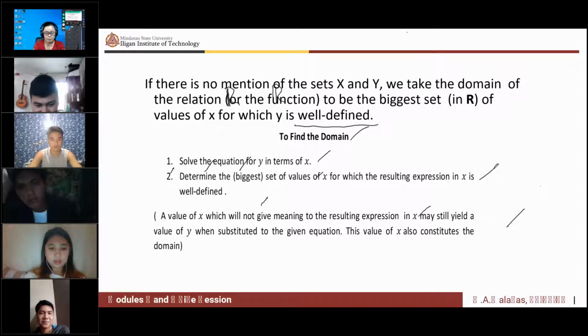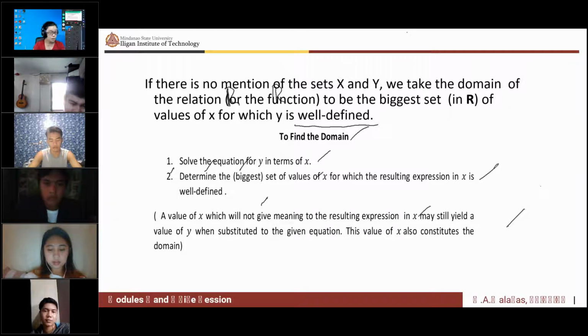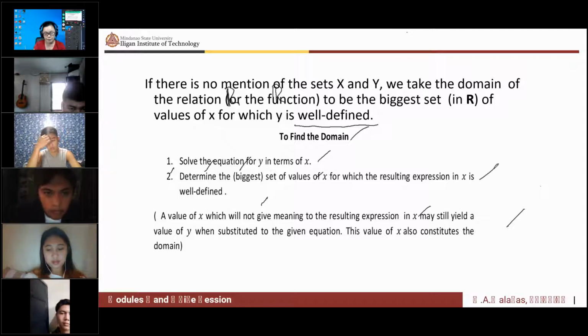We determine the biggest set of values of x for which the resulting expression in x is well defined. However, a value of x which will not give meaning to the resulting expression may still yield a value of y when it is substituted into the original equation, the given equation.